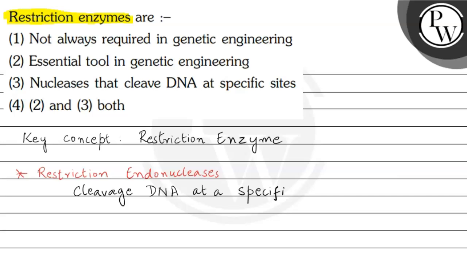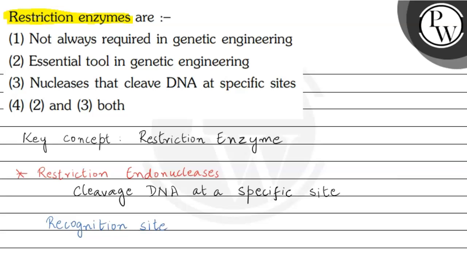So every restriction endonuclease recognizes a sequence of nucleic acids which is known as the recognition site. So different restriction endonucleases have different specific recognition sites.